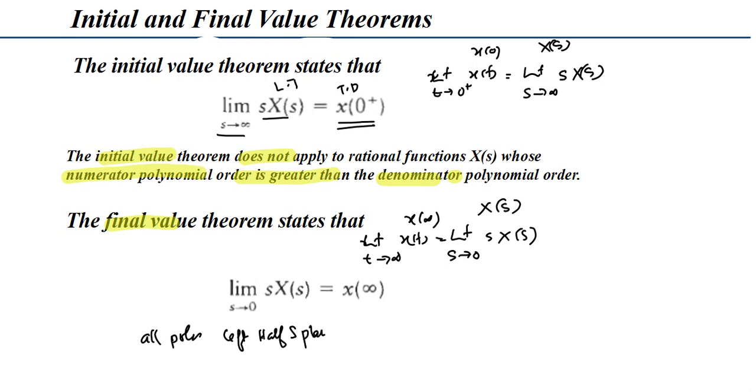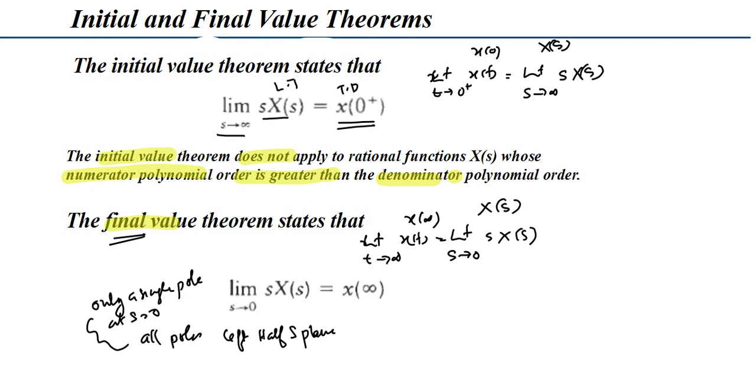This is one condition to apply the final value theorem, and there should be only a single pole at s is equal to 0. So these two conditions should be satisfied, and only then can we apply the final value theorem.